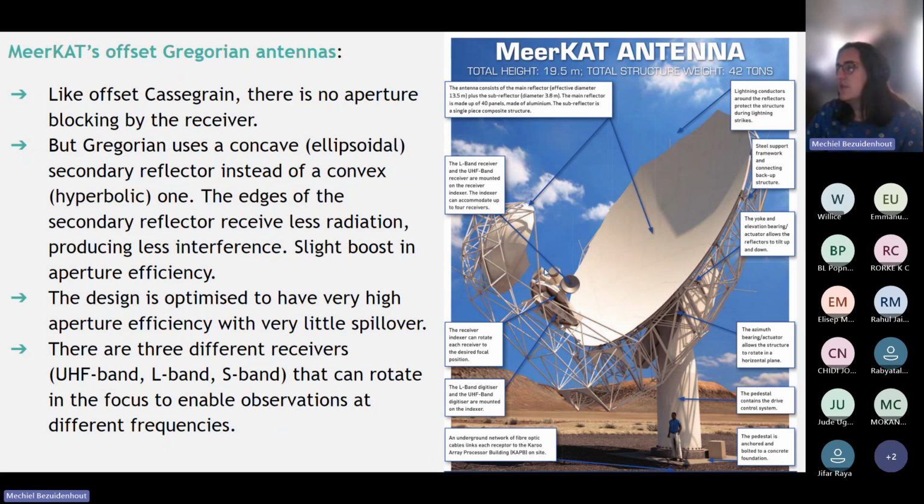And then it reflects it onto the receiver down here. So the benefit of using the concave reflector is that the edges of the reflector receive less radiation, which gives you less interference. So there's a slight boost in the aperture efficiency.